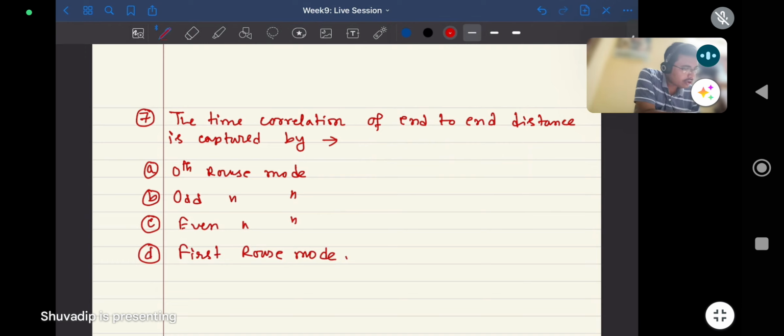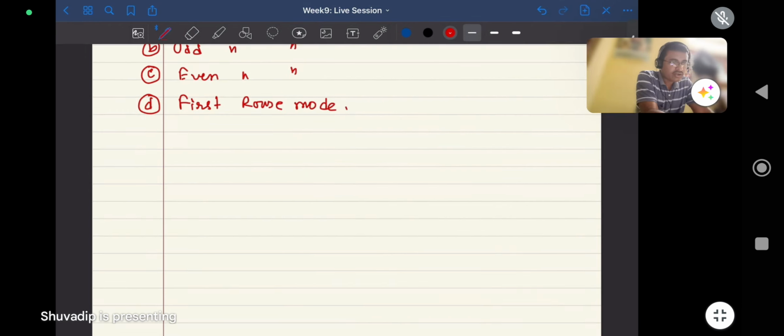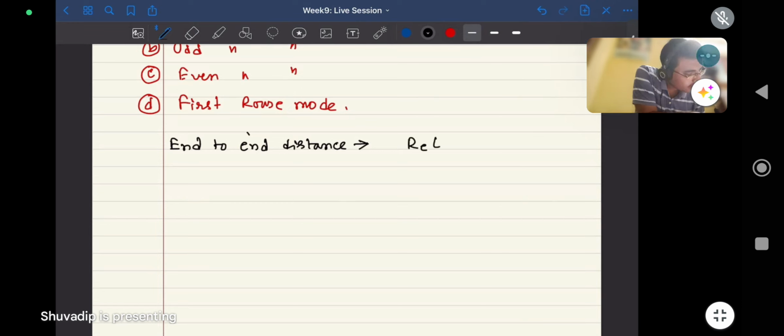Now how do we calculate the time correlation of the end to end distance? The end to end distance R_E(t) is given by R of N comma t minus R of 0 comma t.